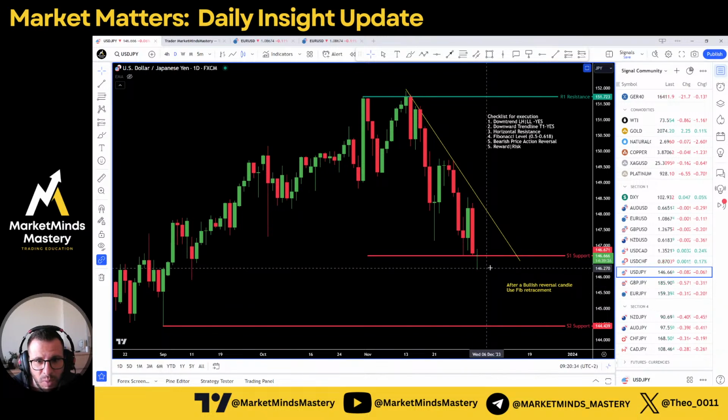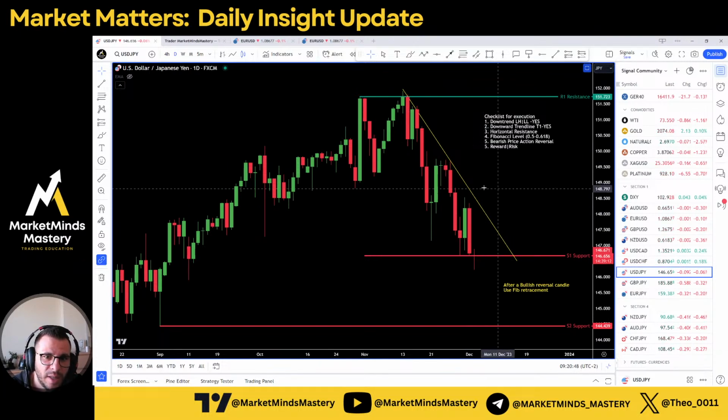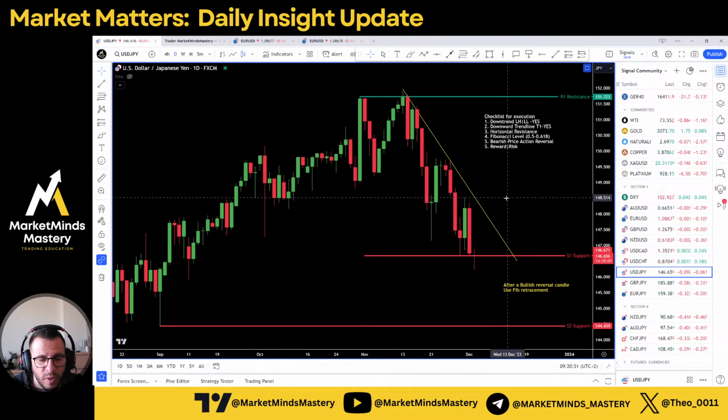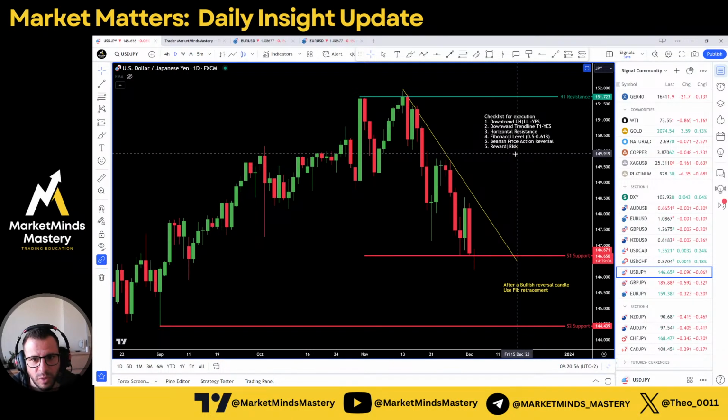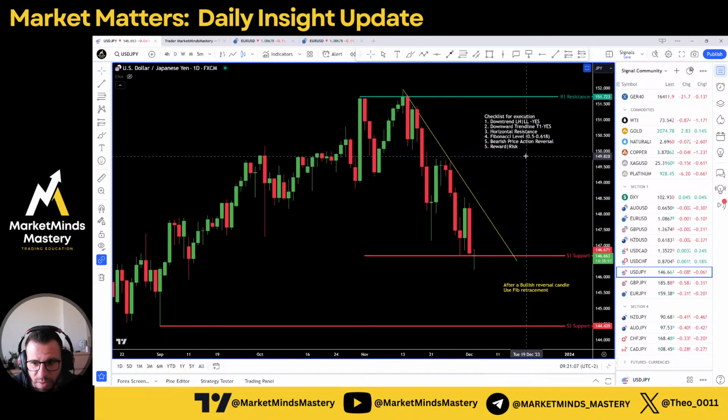After I see the bullish candle reversal, then I will use the Fib tool to find the Fibonacci levels, either the 0.5 or the 0.618. And then I will wait for a bearish price action reversal to occur. And I also will establish my reward to risk before I initiate a trade. You can use this parameters combination in any time frame you want, as long as you are looking to trade trends.